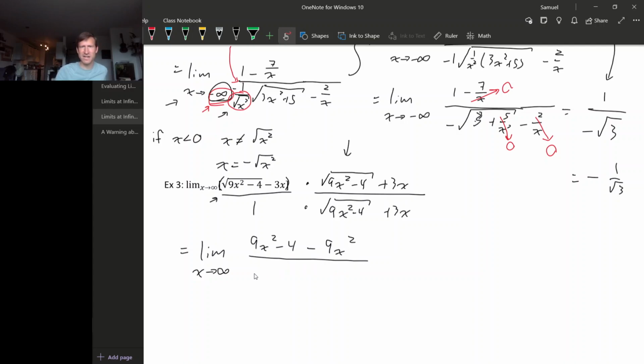And then in the denominator, square root 9x squared minus 4 plus 3x. Well, now you can see some things in the numerator cancel. We get the limit as x goes to infinity of minus 4 over square root 9x squared minus 4 plus 3x.